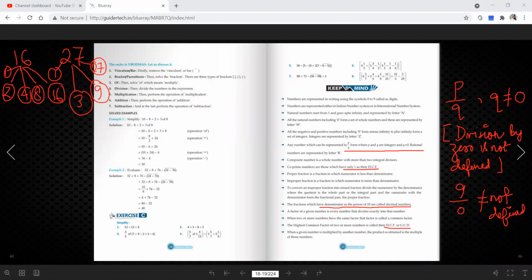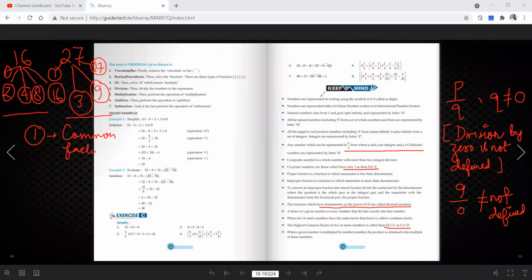Now, from these factors, can you get any common factor between these two numbers? Only 1. Only 1 we are getting as a common factor, nothing else.